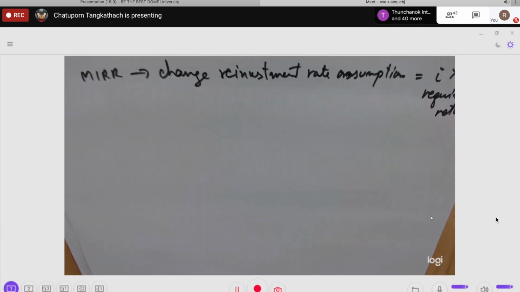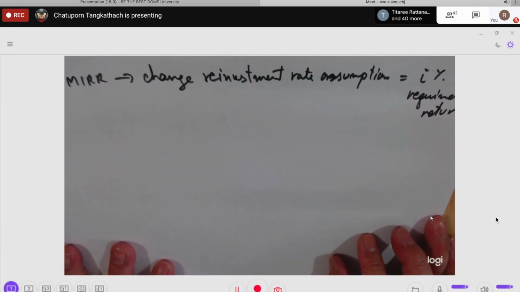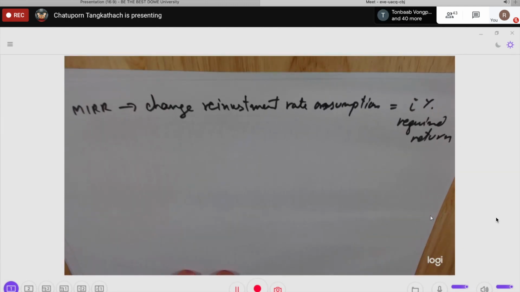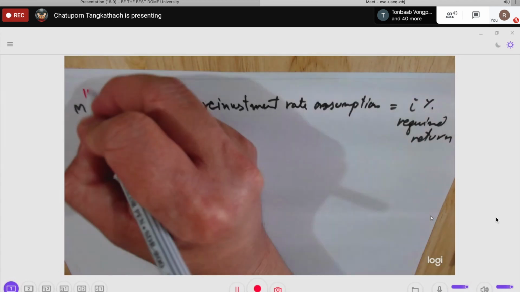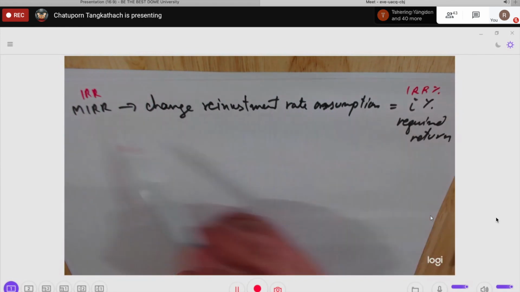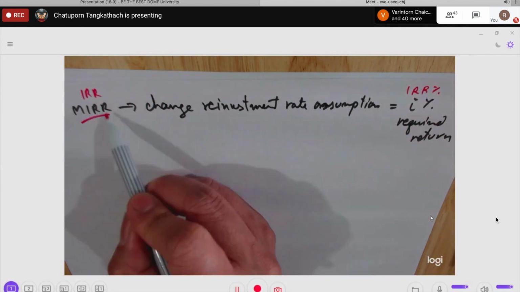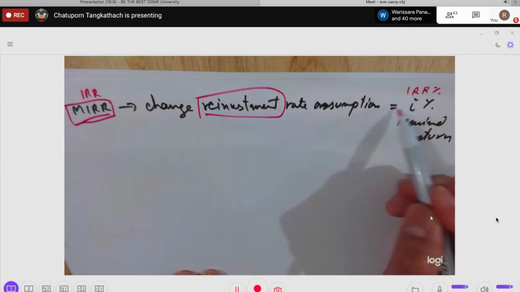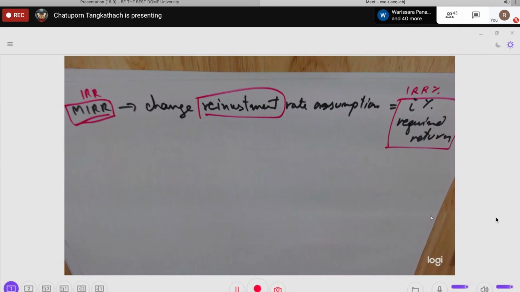This is the opposite of IRR. With IRR, when we reinvest, the reinvestment rate equals the IRR. But for MIRR, we reinvest at the required return instead.